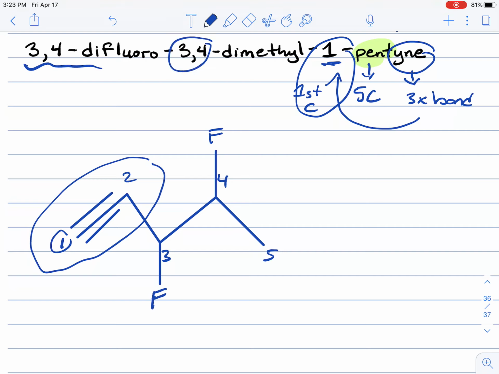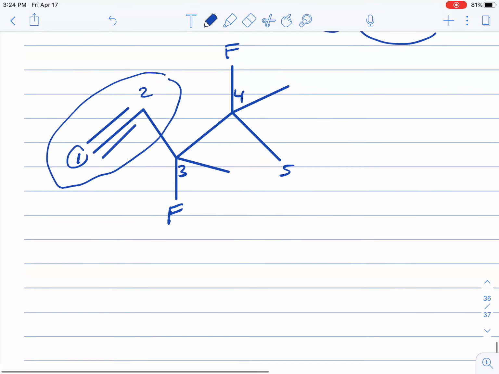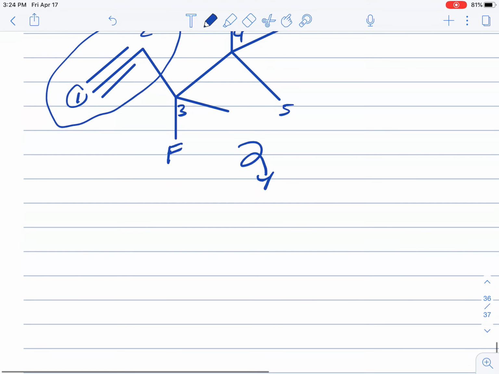And I also have a 3,4 dimethyl. And so on the 4th carbon, I have a methyl group. On the 3rd carbon, I also have another methyl group. Okay. And so this is what it preliminarily looks like.